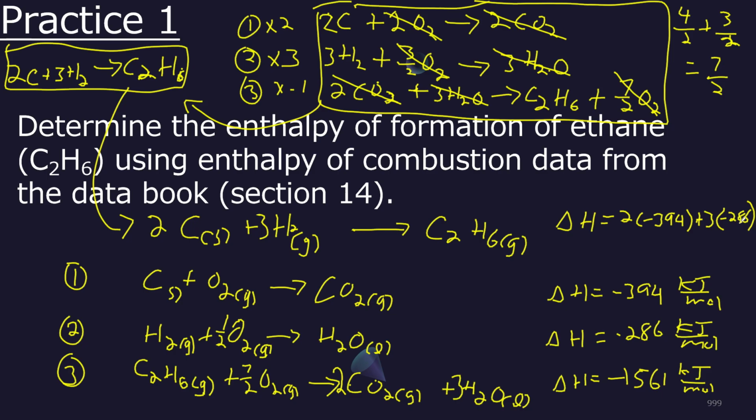So this is plus 1561. Okay, so all that comes out to a number minus 85. So still exothermic, minus 85 kilojoule per mole. And you can go check in the data book other sections if the enthalpy of formation of ethane is like this, and I think it is minus 85, minus 86-ish.